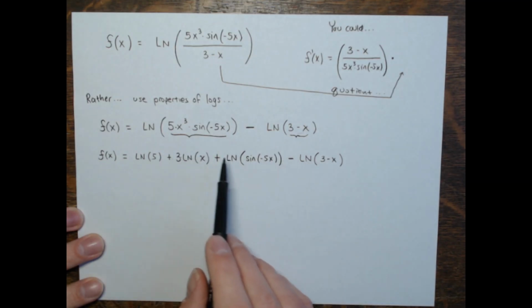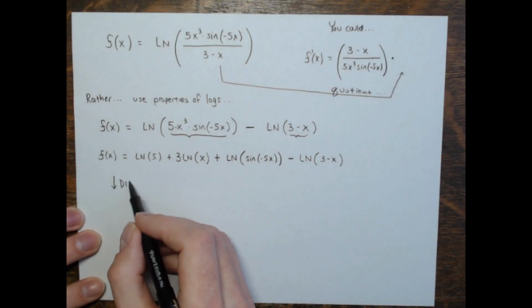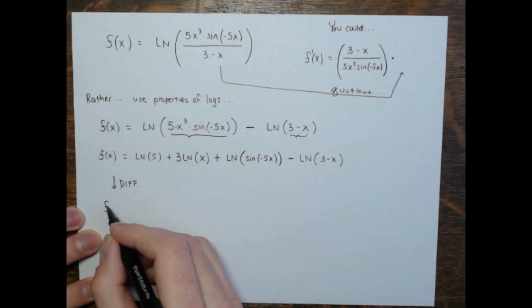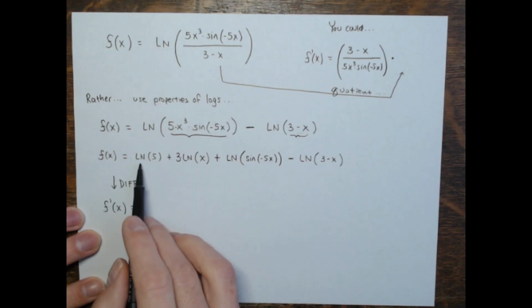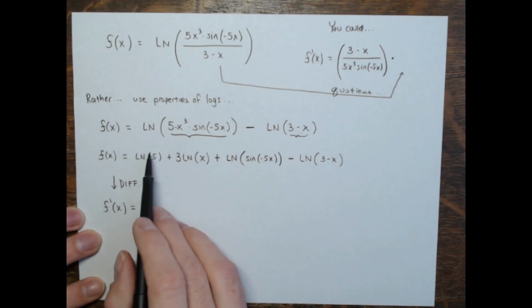Now I have f rewritten as a nice sum. Right? This is a nice big sum. So now I'm going to differentiate, and we'll go just term by term. So f prime is 0, or the natural log of 5. There's no variable in this. This is a constant.